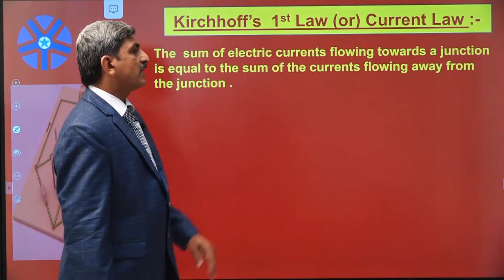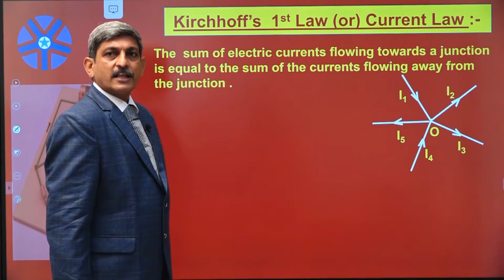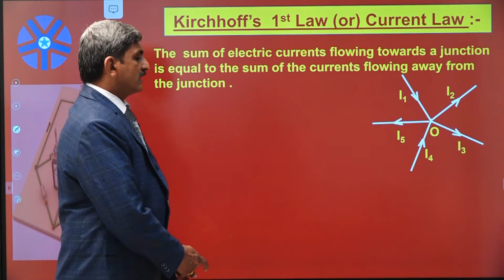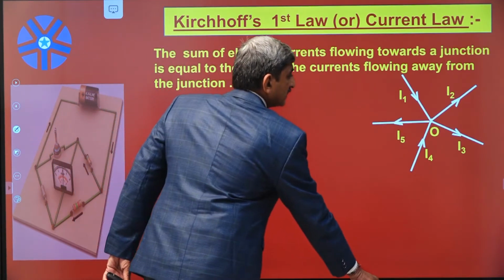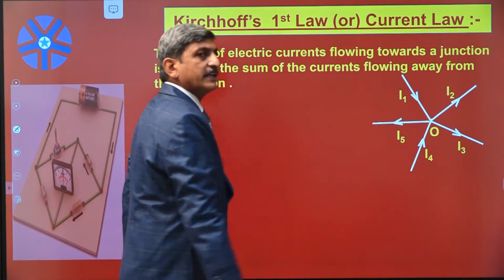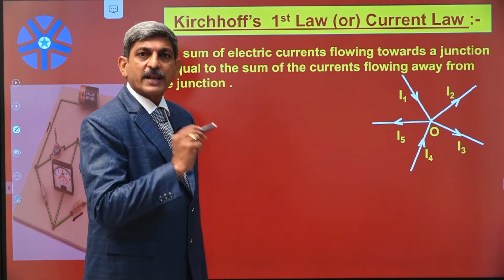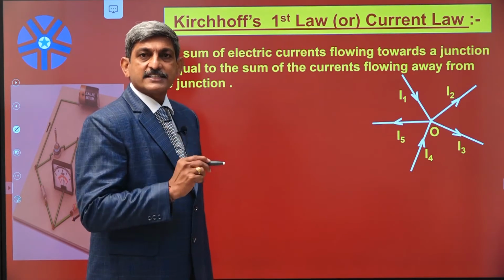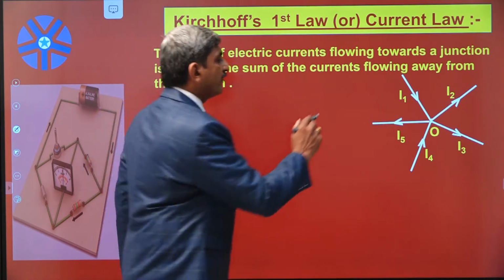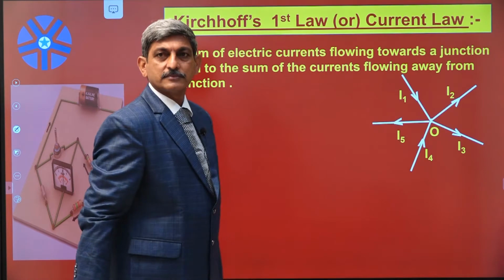To explain this law, say I am taking an electrical network. In that, there are 1, 2, 3, 4, 5 branches meeting at a junction O. In those 5 branches, different currents I1, I2, I3, I4 and I5 are passing, as shown in this diagram.